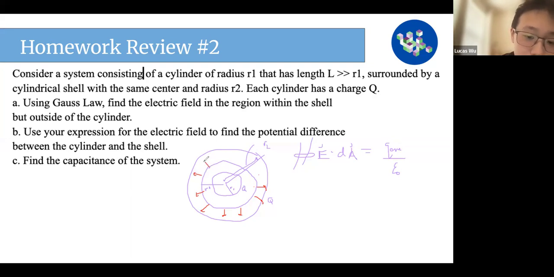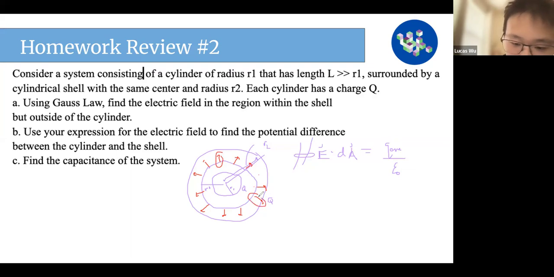And by symmetry, the magnitude of the electric field is independent of position: at a fixed radius, the electric field is the same.